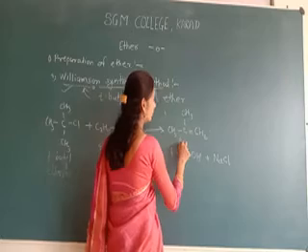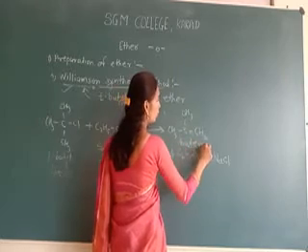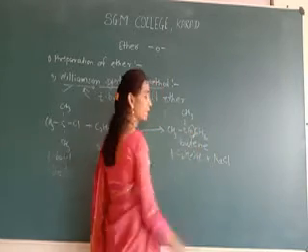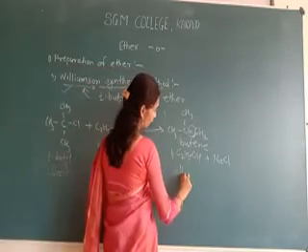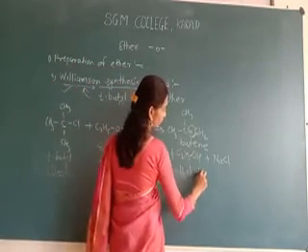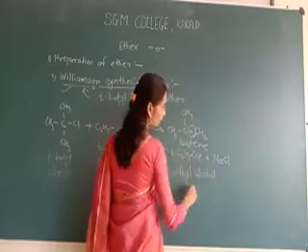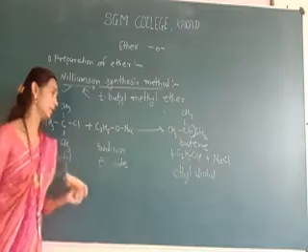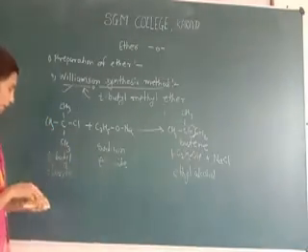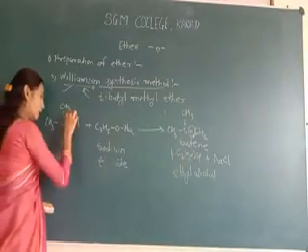It's our butene because of the presence of this double bond. It's our ethyl alcohol or ethanol, and a sodium chloride is also a byproduct produced in this reaction. See here what happened.